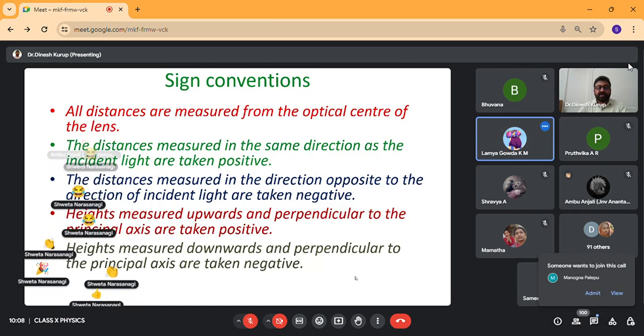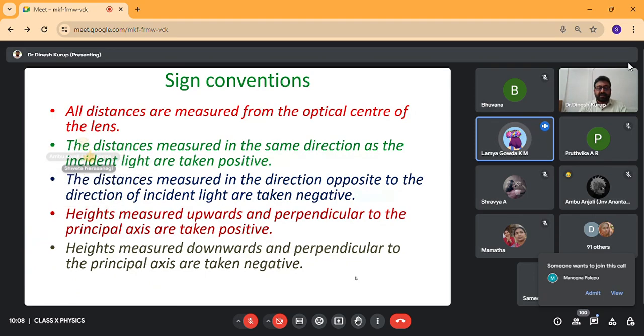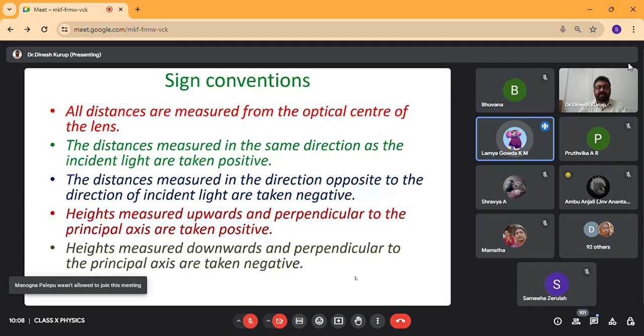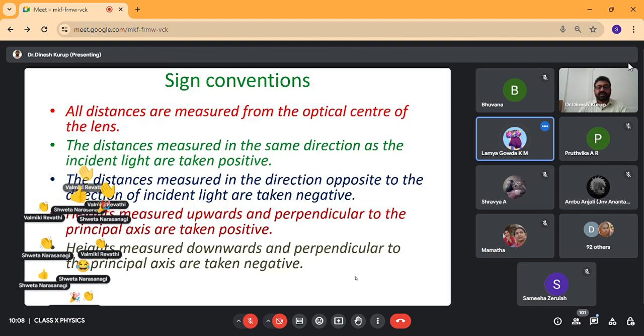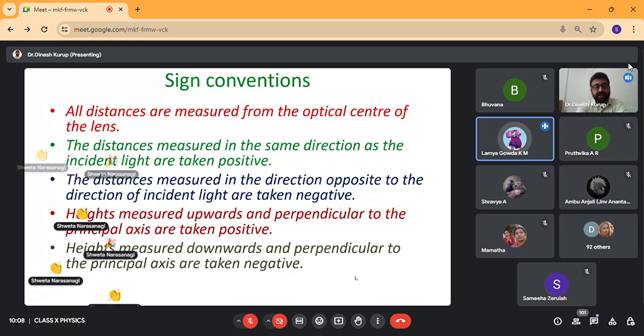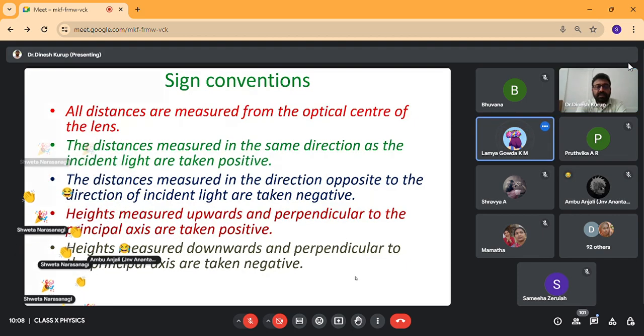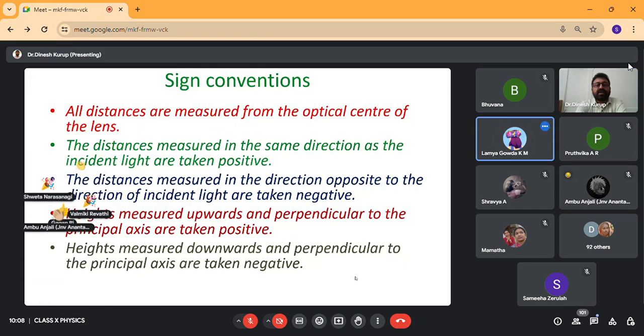Sir, if I'm learning ray diagrams for the first time, how can we take those rays? Is there a particular way to choose them?